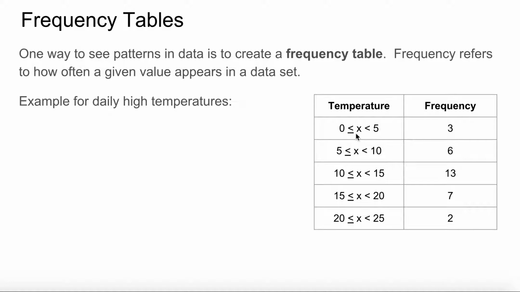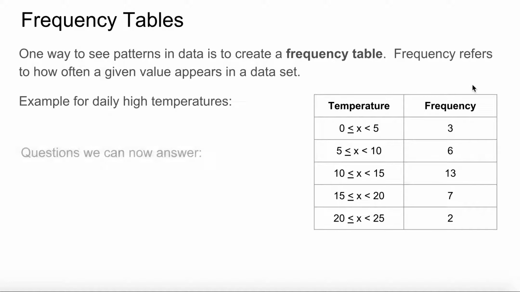So this first class is greater than or equal to 0, but less than 5. So if I have a temperature of 5, it's going to go into this second category, where x, the temperature, is greater than or equal to 5, but less than 10. So if I have a temperature of 10, it goes into this category, right? I have to be very precise about where certain values will go.